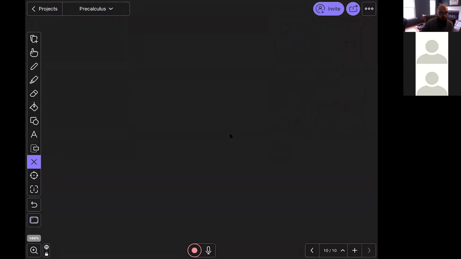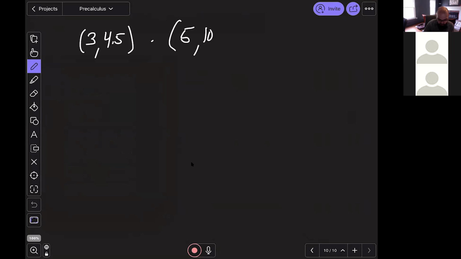All right, so the data that we're given in this example is two data points. We have (3, 4.5), so the x value is 3 and the y value is 4.5, and then another data point where the x value is 5 and the y value is 10.125.